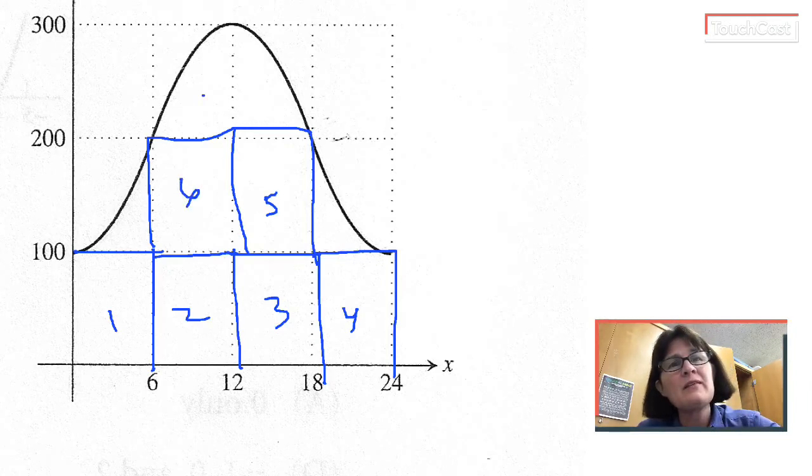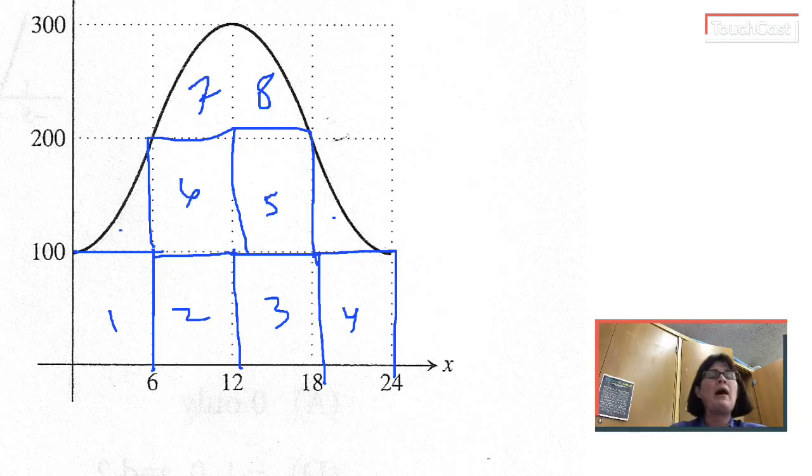Maybe this and this together make a 7th box, and this together make an 8th box. So they drew those lines in there specifically to help us make this computation.